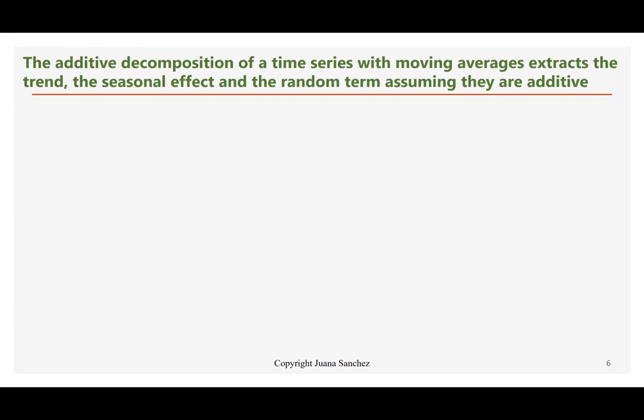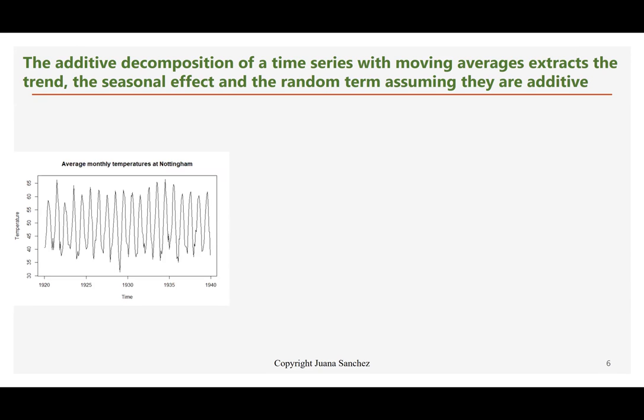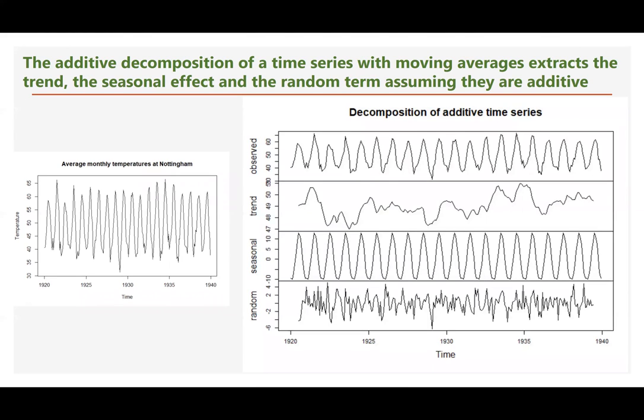So the additive decomposition of a time series with moving averages is going to extract the trend, the seasonal effect, and the random term, assuming that they are additive. Here is average monthly temperatures at Nottingham. This is the nottem dataset in R's package datasets. The decomposition that we do, additive decomposition with R, gives us this plot.